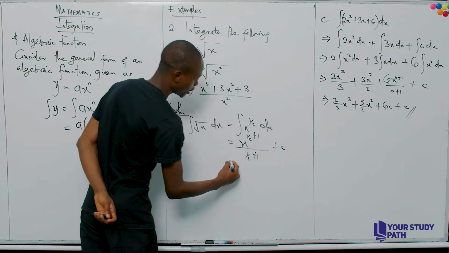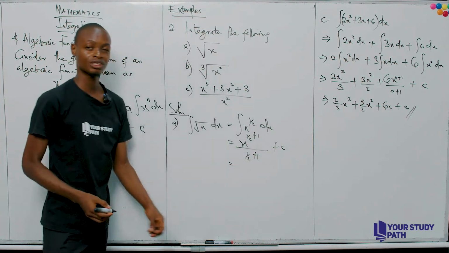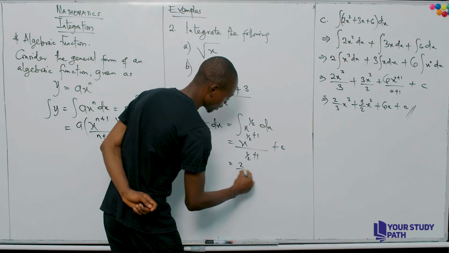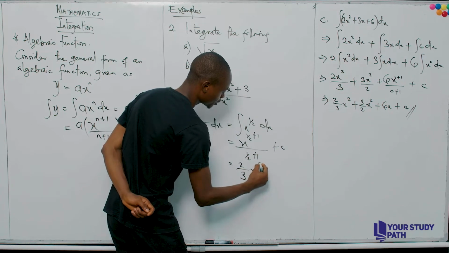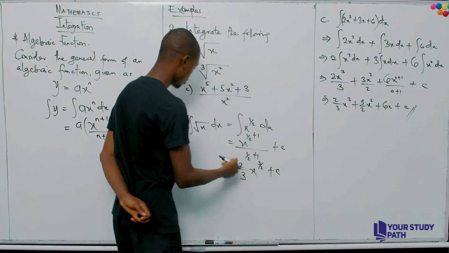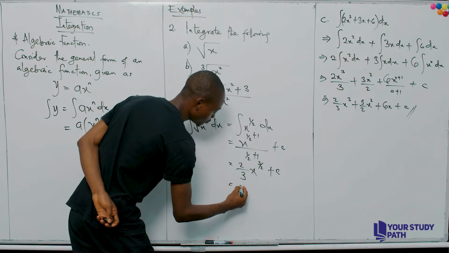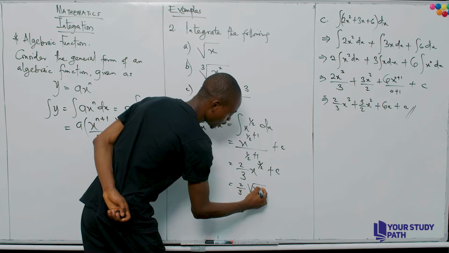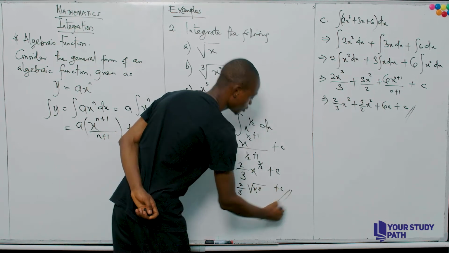Simple. And then 1 over 2 plus 1 will give me 3 over 2. It's in a divided position, so it becomes 2 over 3, reciprocal, x raised to the power of 3 over 2 plus c. And if I was to write it in root form, I'll have it as 2 over 3 square root of x cubed plus c.